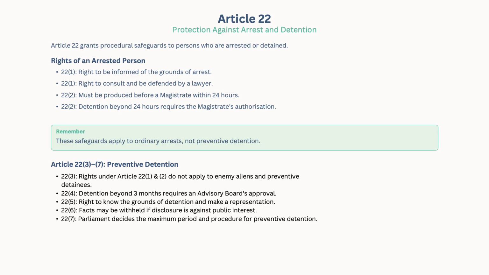You must be produced before a magistrate, before the court, within 24 hours, which means you cannot be tortured inside a jail for 2-3 days. And if your detention were to continue, which means inside the jail for more than 24 hours, the magistrate's signature is needed.